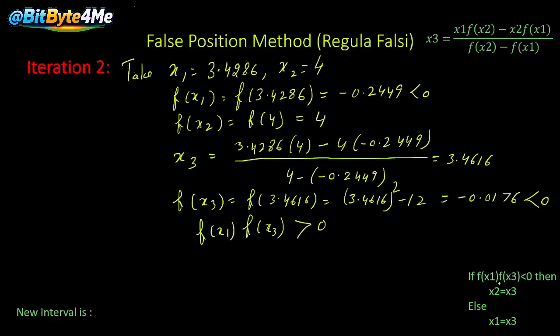And if f(x1) into f(x3) is greater than 0, then we have to change x1 to x3. So x1 is equal to x3, the value of x3 is 3.4616. So the next interval is 3.4616, 4. We will take these values for the next iteration.